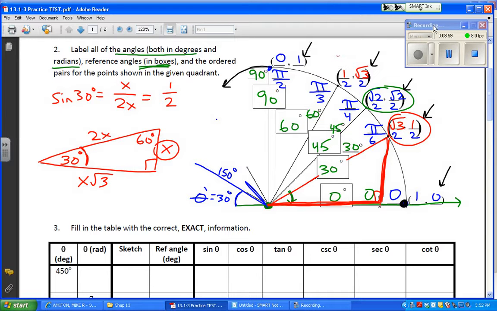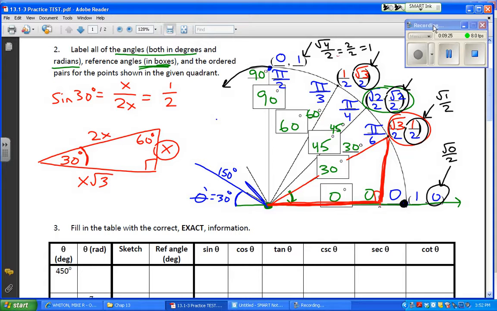So if you just count it out, this is like 0 over 2, since all of them have denominator of 2. The first one here is like 0 over 2, 1 over 2, root 2 over 2, root 3 over 2. Remember, 1 can be thought of as root 4 over 2. And even the first one can be thought of as root 0 over 2.